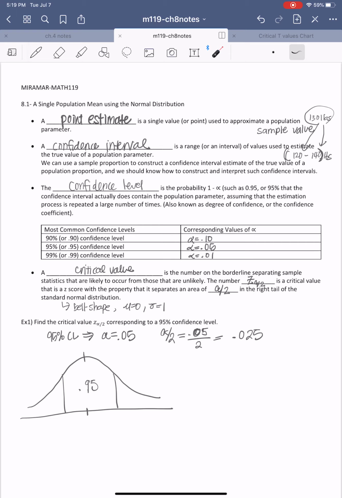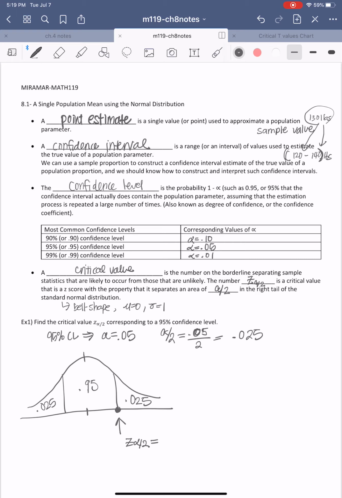Alpha value is 0.05, but technically there's two regions, left tail and right tail, and that's what this means, area of alpha over 2 on the right. So alpha over 2 is 0.025. So this area represents 0.025. This area represents 0.025. So the corresponding z-score is this value here. When it says find the critical value, that z alpha over 2, I'm looking for that value right there.